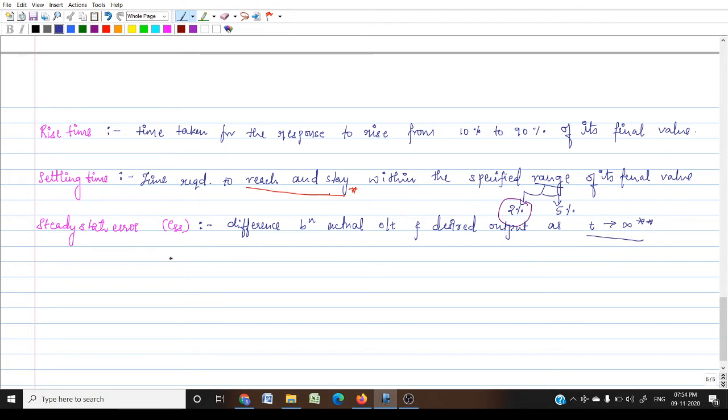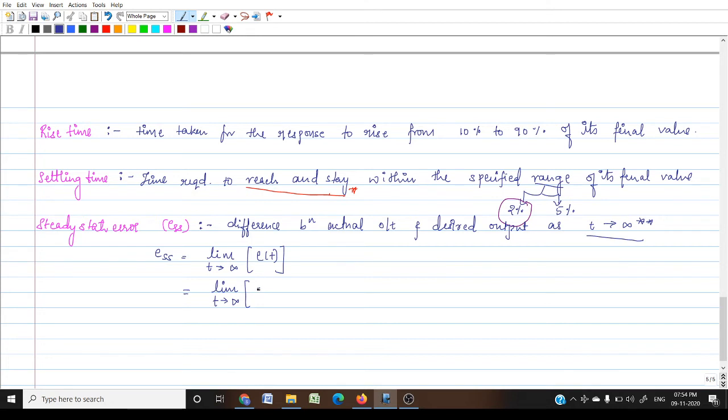Okay, so with that, we will define it as ESS is equal to limit t tends to infinity E of t, where E of t is the error signal. We have seen what is error signal in our previous classes. E of t is nothing but the difference between actual output and desired output.